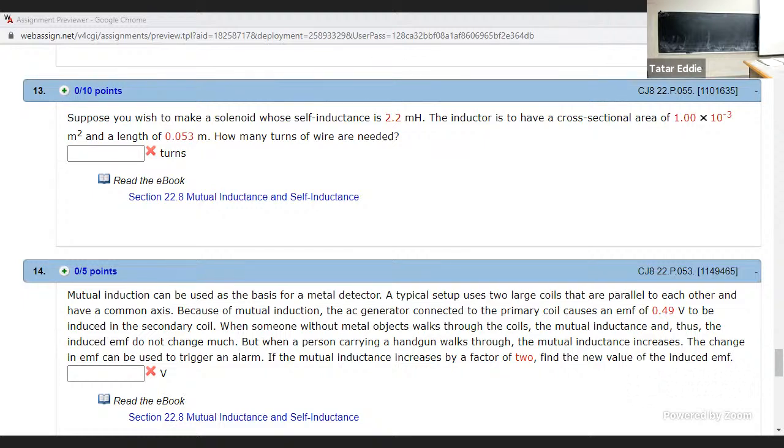So the formula for the inductance of a solenoid includes the number of turns per unit length squared, and it includes the length of the solenoid, lowercase l.